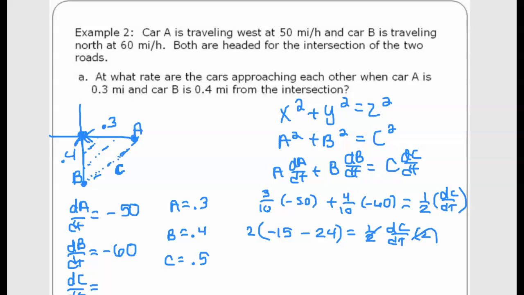So negative 15 and negative 24 is negative 39. Negative 39 times 2 is negative 78 miles per hour. So again, that should make sense. The distance between the cars is shrinking at a rate of 78 miles per hour.